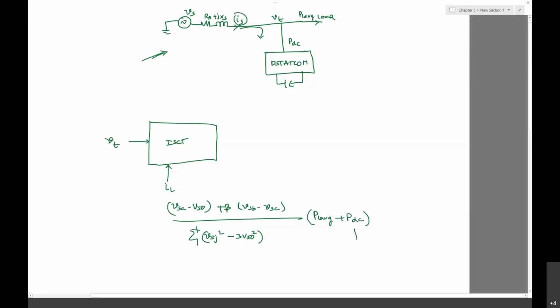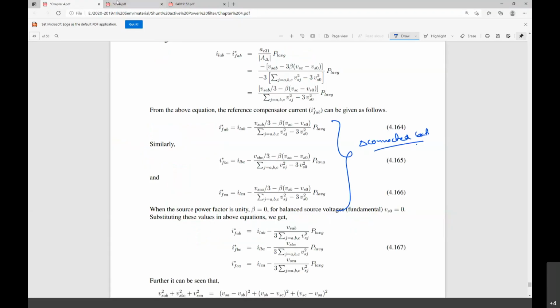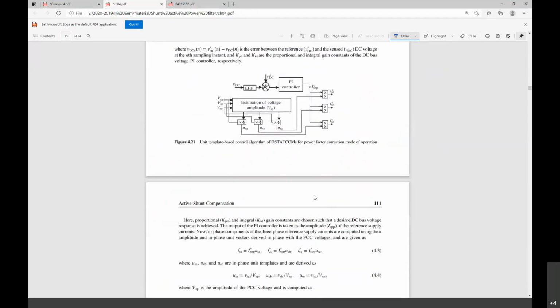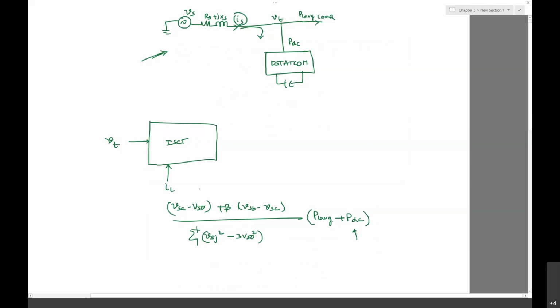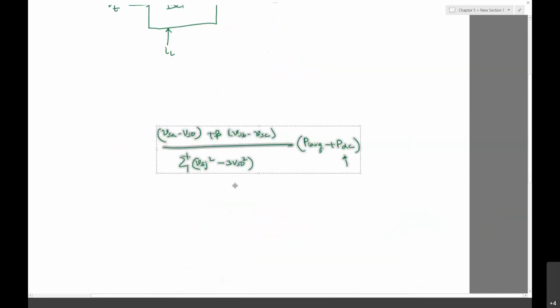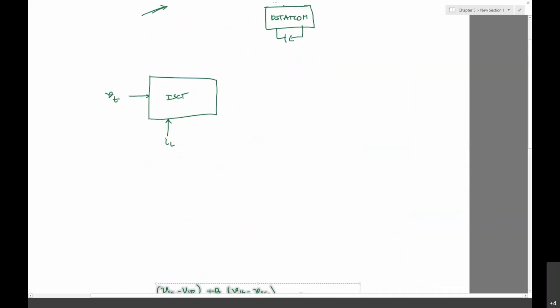How is this PDC generated? As we have seen in the earlier voltage control loop, especially this particular sort of voltage control. For that, we require the instantaneous symmetrical component theory equations.